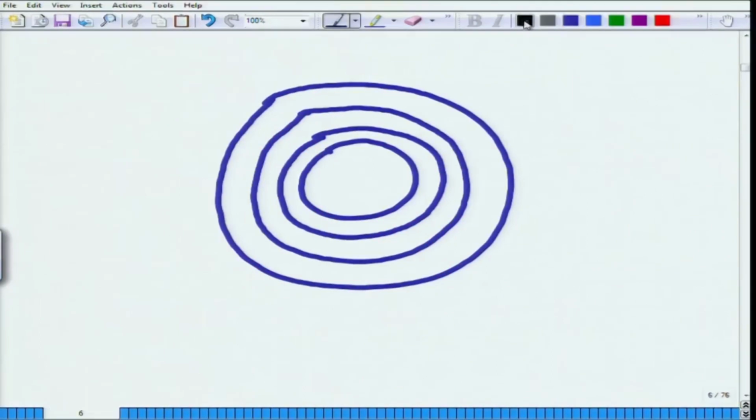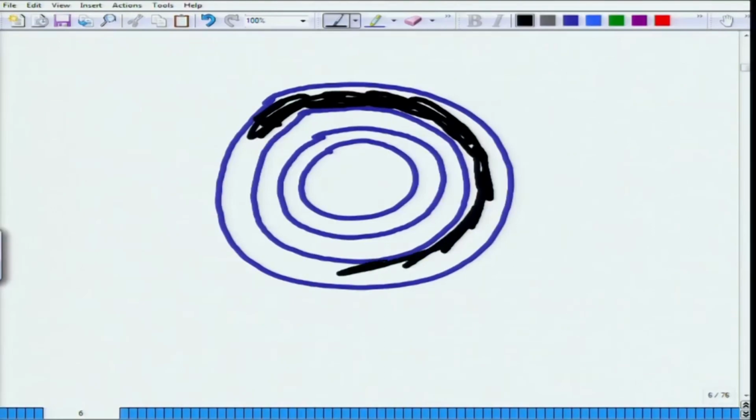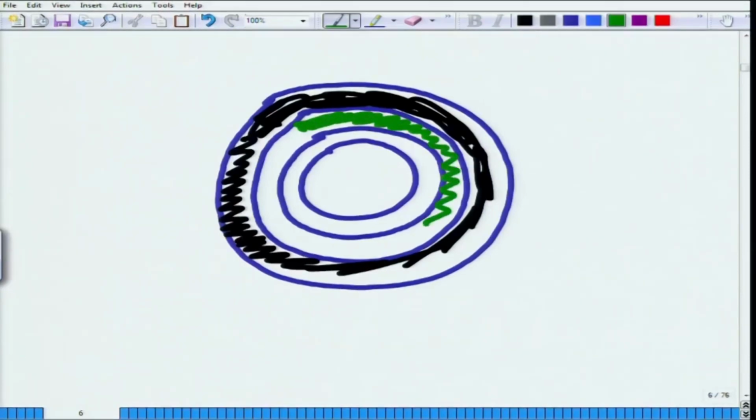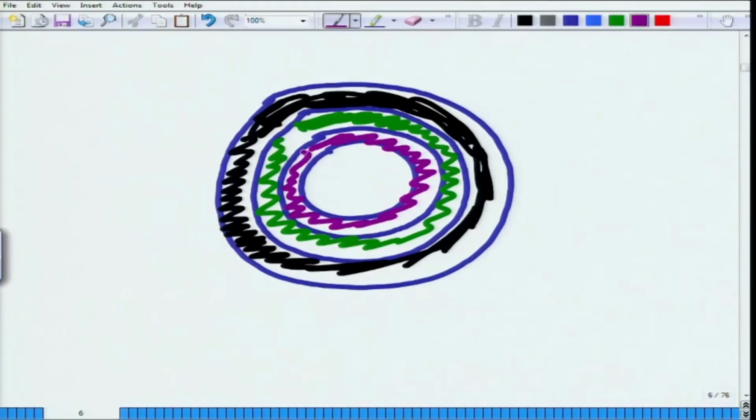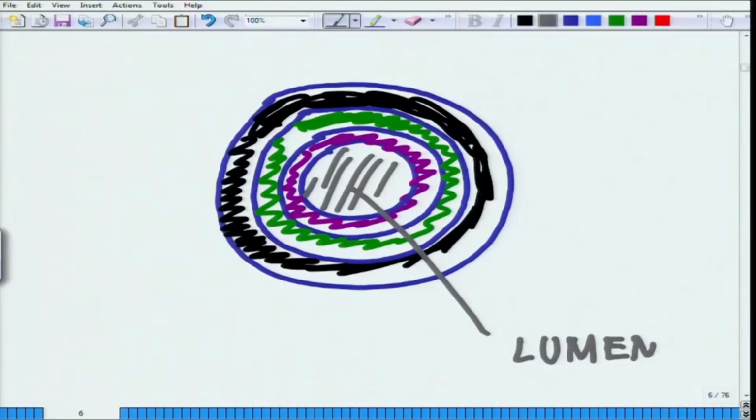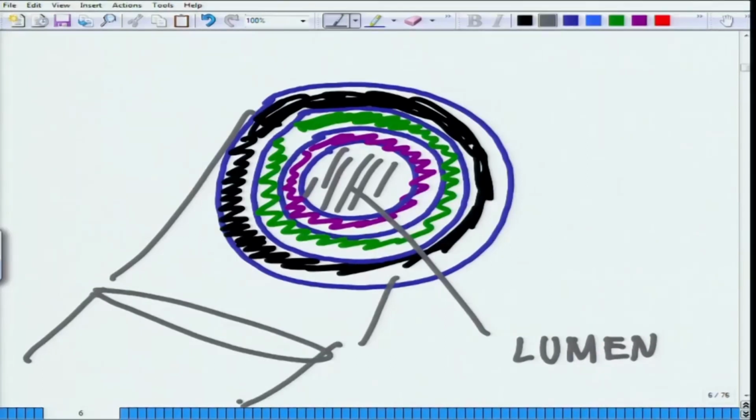This one should be completely black, this is in green, and the inner layer will be in magenta. This is the hollow cavity, and it is called the lumen. This is the cross sectional view of the vessel. That's how it looks.